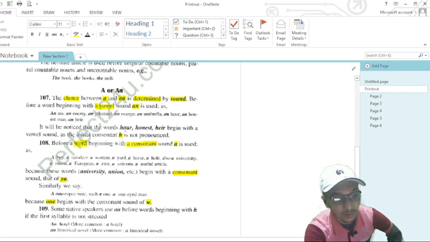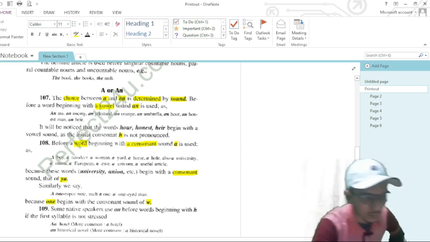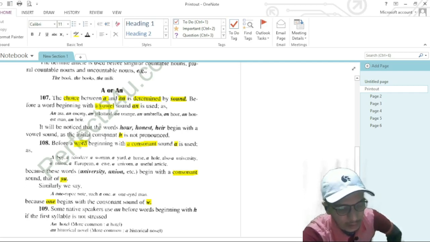It is described why we use an before hour or honest. It will be noticed that the words hour and honest here begin with a vowel sound, as the initial consonant h is not pronounced.